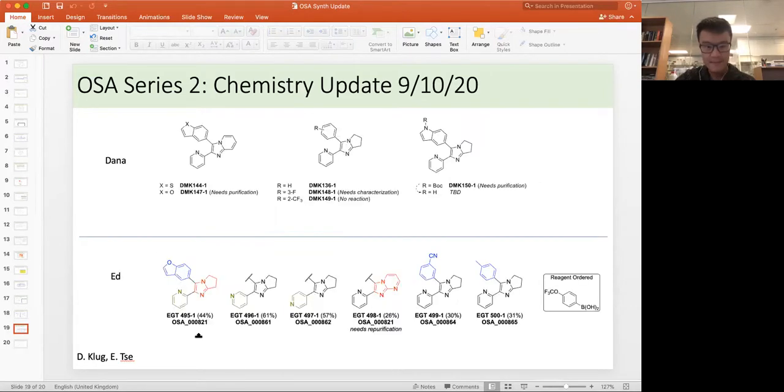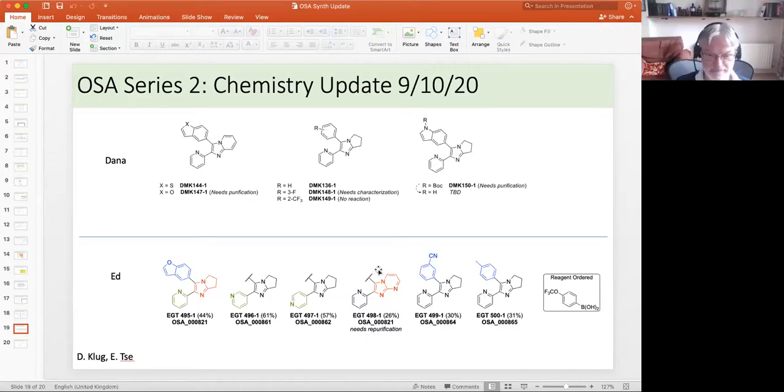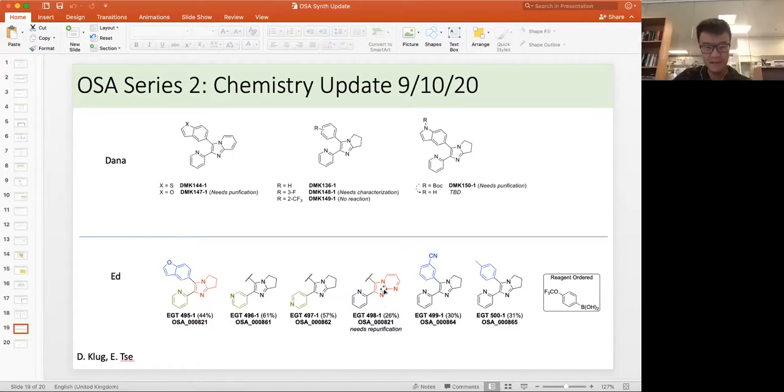And then this compound, which I didn't include in this batch, I had a similar problem to what Dana had with the benzofuran with this core, where she was getting triphenylphosphine oxide that she couldn't separate out. So we've both done these couplings using the palladium chloride DPPF catalyst instead. And that seems to have gone fine as well. So I just need to purify that one.